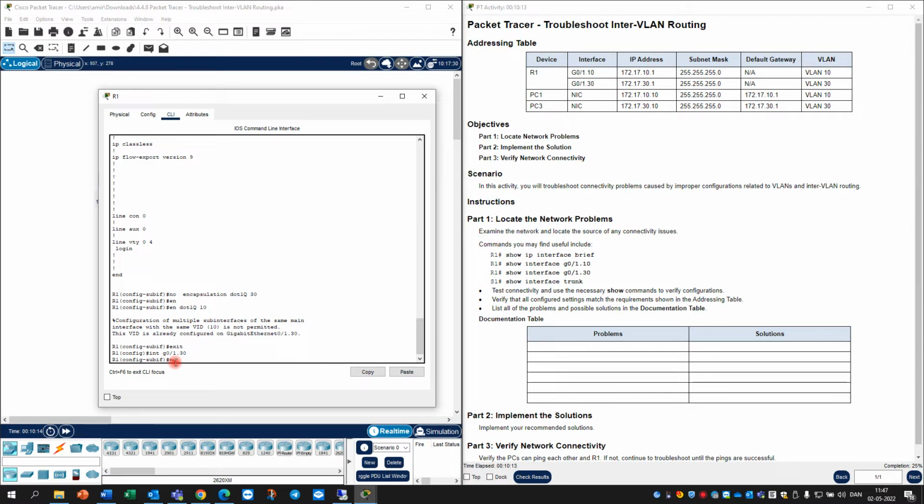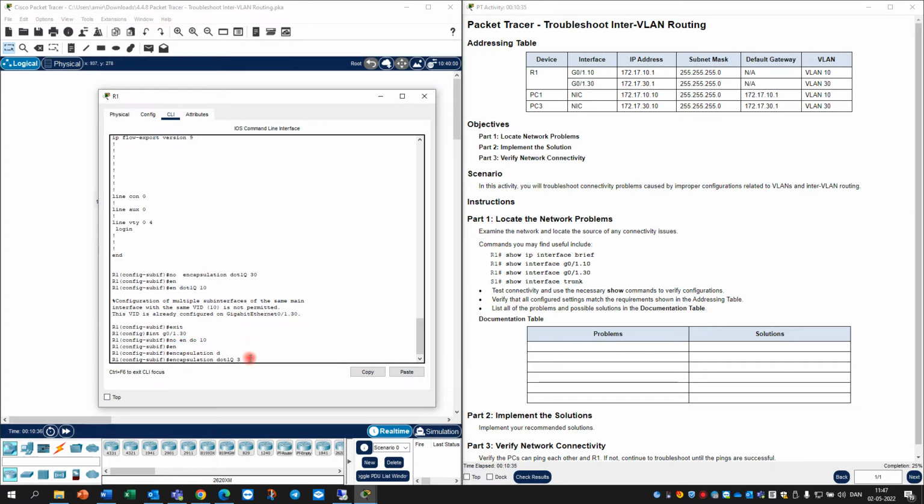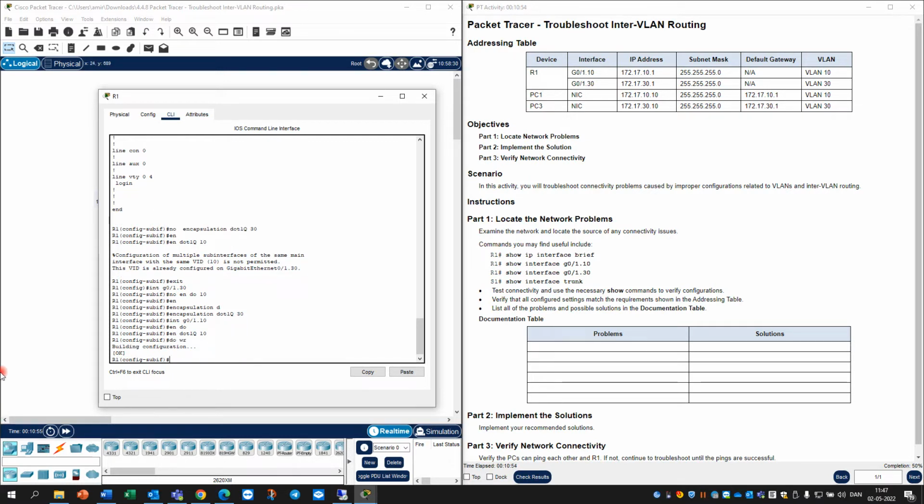First write no encapsulation dot1Q 10, and then write encapsulation dot1Q 30, because this sub interface is assigned to VLAN 30. But what about the other sub interface? It should also be encapsulation dot1Q 10, and you can see we fixed both of them, and both are true now.